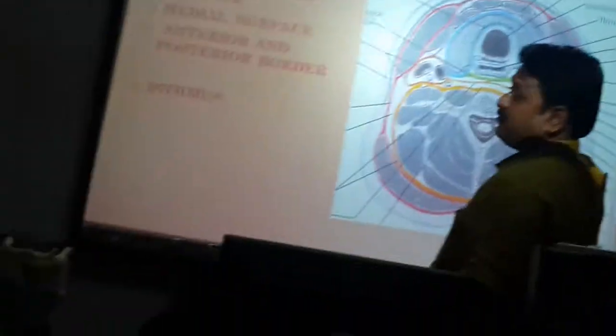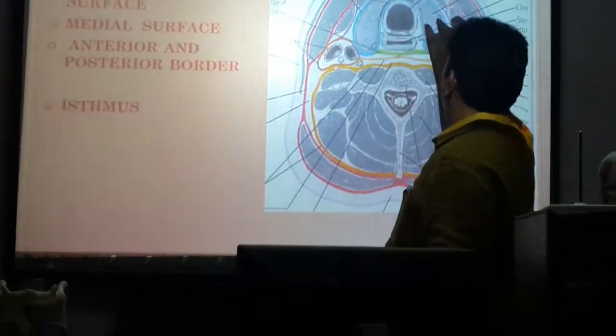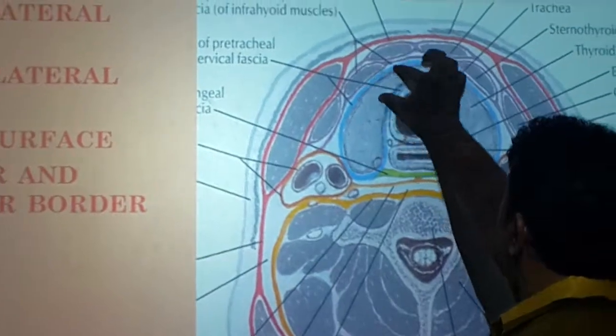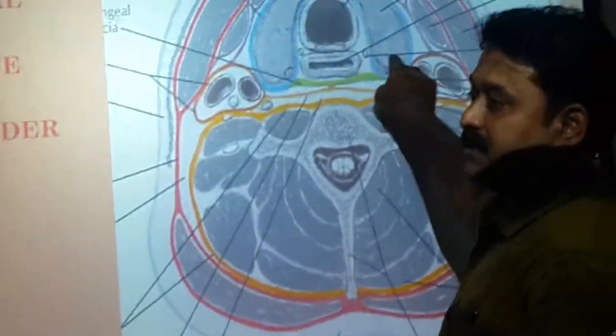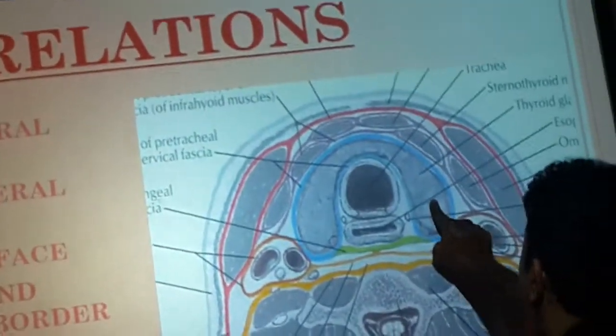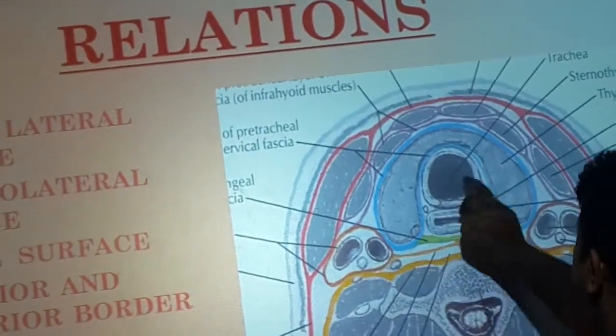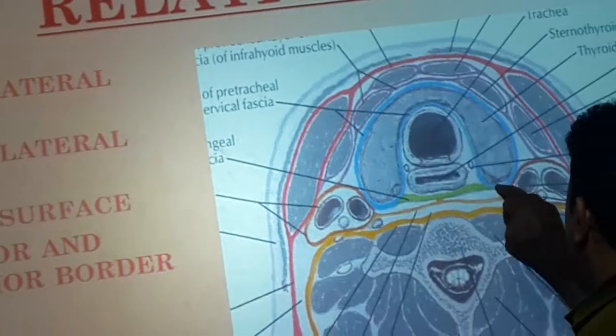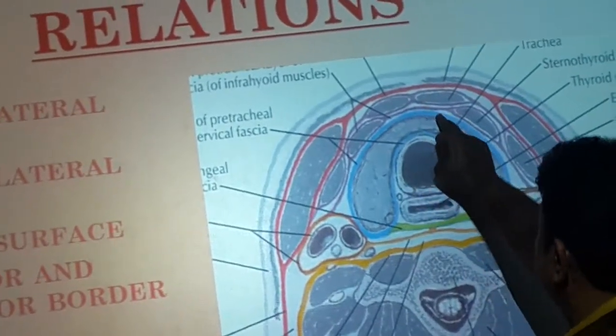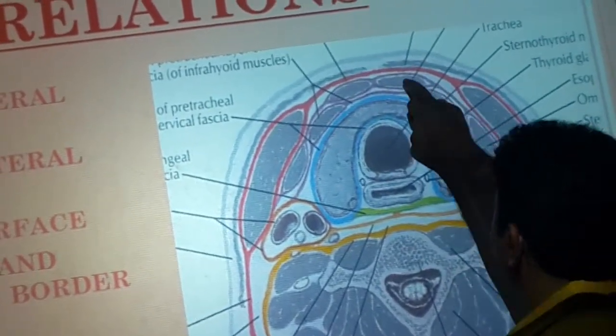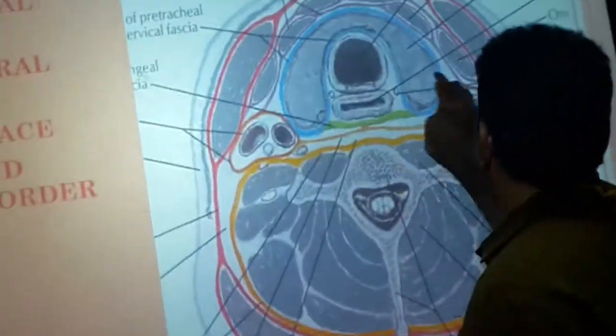Next is here, a transverse section through the neck. Whole of this is thyroid gland, C-shape, isn't it? This is trachea, esophagus, and this is capsule, and these are the muscles around the neck.